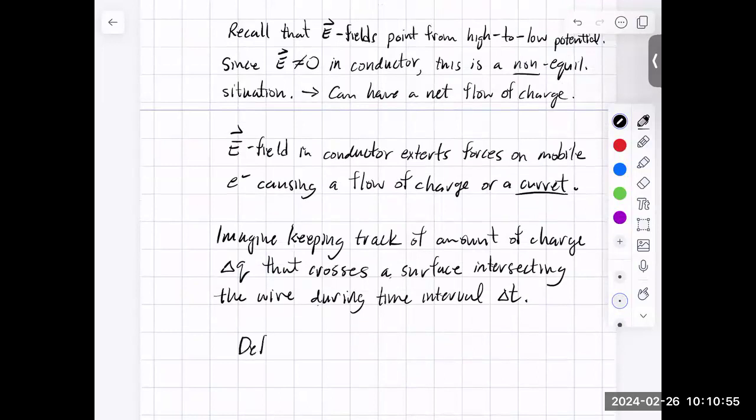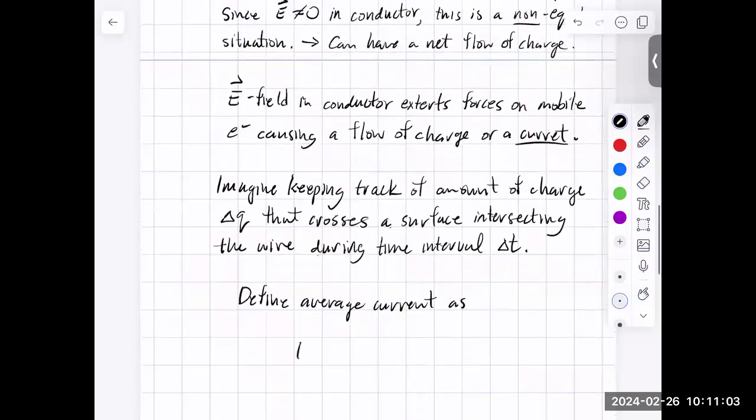We define the average current, we'll call it I average, as how much charge crosses our surface per unit time delta T. And I will be the symbol for current.